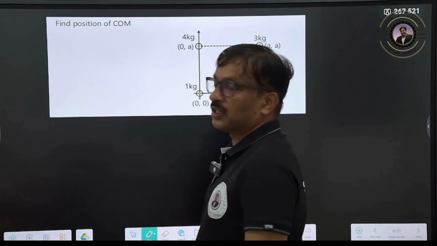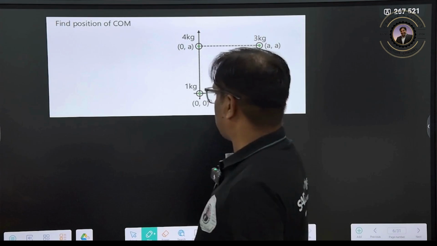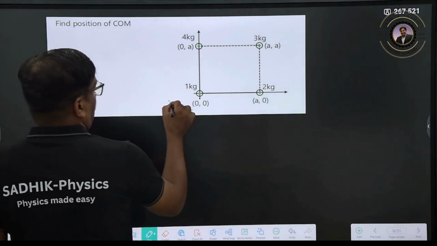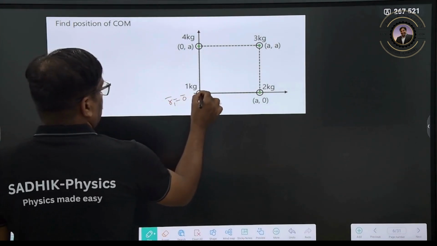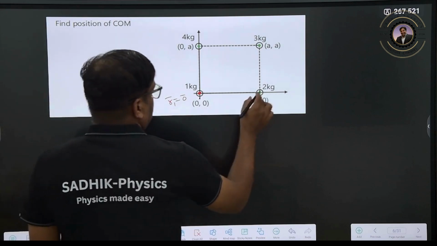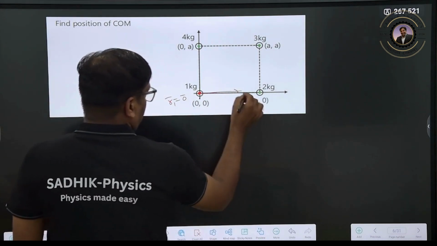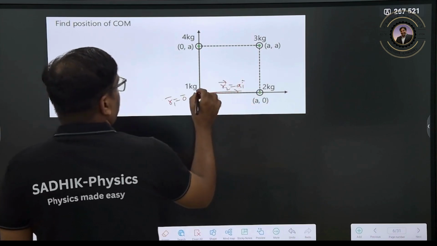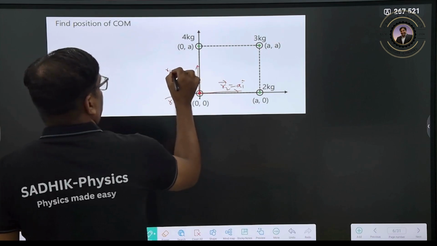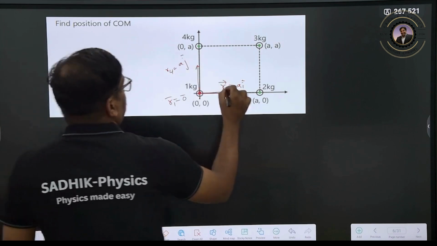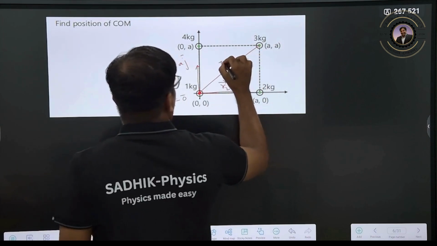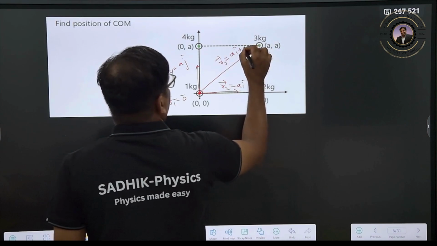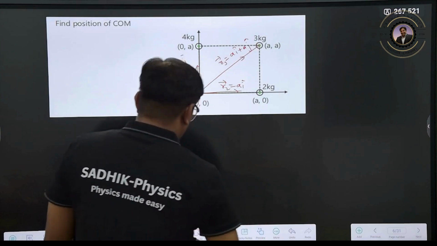Right, this also is the same concept. So here you can rewrite it: this is r1 vector, that is 0 because it is at the origin. This is your r2 vector a i cap, this is your r4 vector a j cap, r3 vector a i cap plus a j cap.